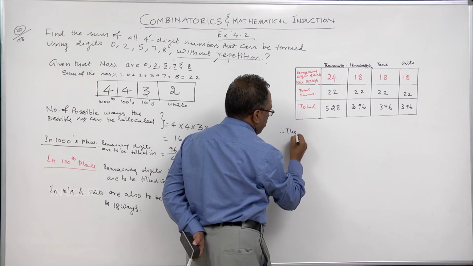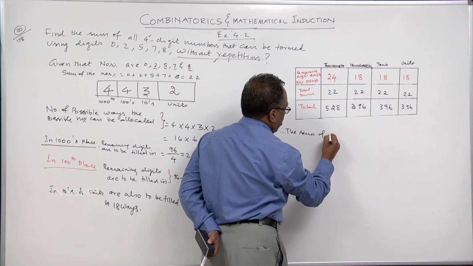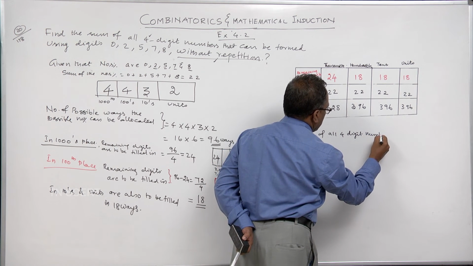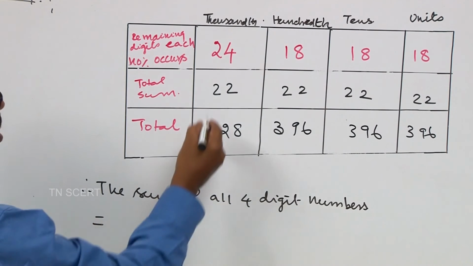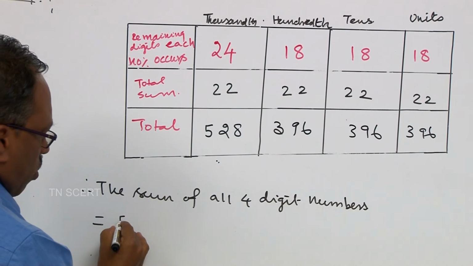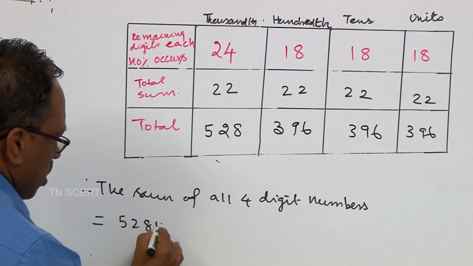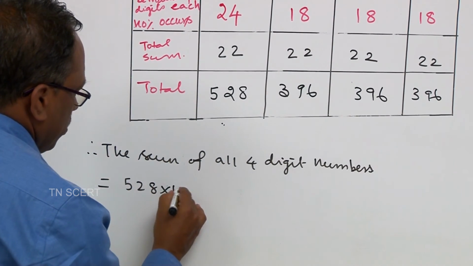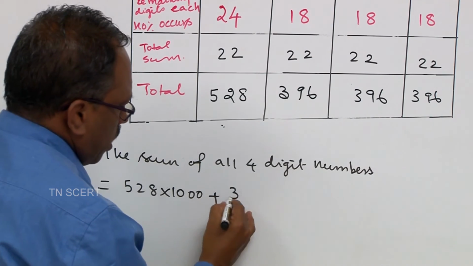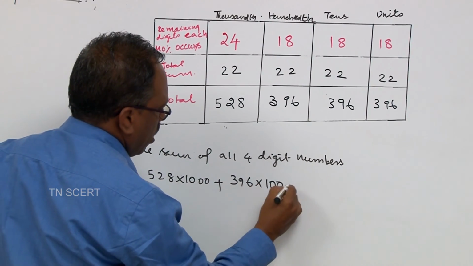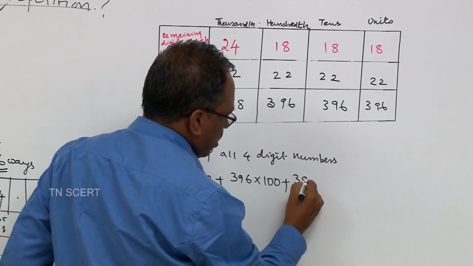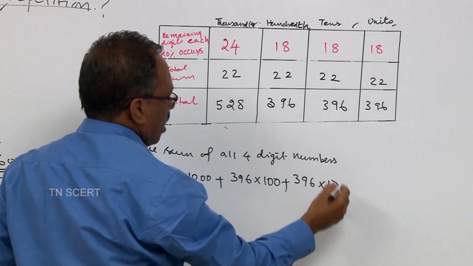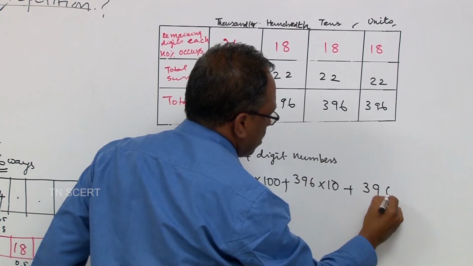Therefore, the sum of all 4-digit numbers is equal to, you have to multiply by 1000, so 528 into 1000, remember that, and 396 into 100 plus 396 into 10, because each digit we have to multiply by hundreds and tens like this, and 396 into units.